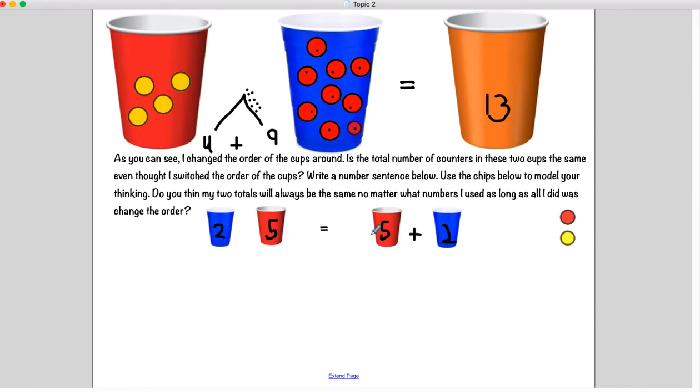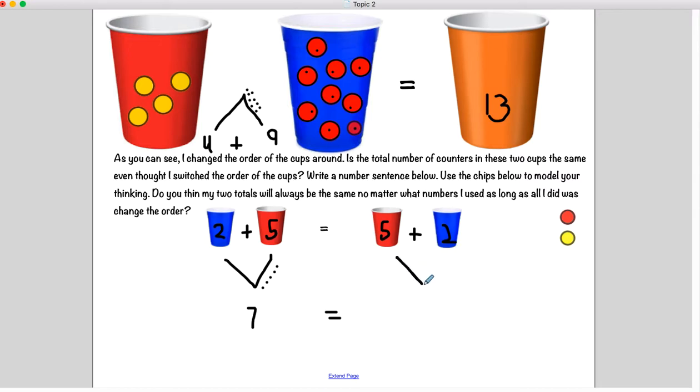All right. So I'm going to add those together. I'm going to do an upside down 1, 2, 3, 4, 5, 6, 7. I should have a total of 7 here. And notice my cups just changed places. That's all they did.